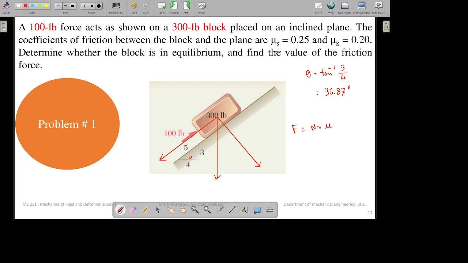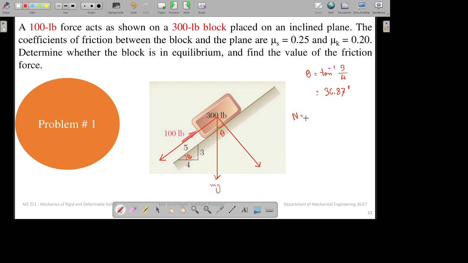The mu is given here. Whether you want to determine the kinetic friction or static friction doesn't matter. You need to know the value of n, the normal force. To determine the normal force, you must know the component in the normal direction. So that is why I am going to determine n, which will be equal to mg cos theta, this is mg and this is the same theta. You can determine it by some geometry.